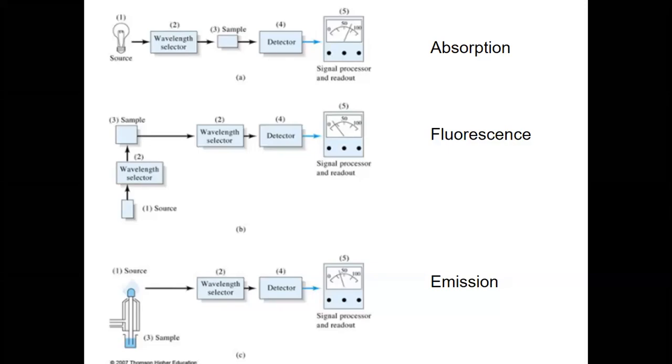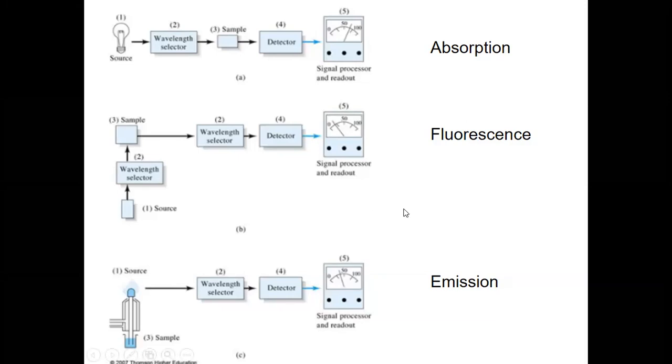If someone asks what the block diagram is for, let's say, a UV-visible spectrophotometer, you should be able to draw it and remember how these things are arranged, and for fluorescence, how those five different components are arranged. You have to have an idea about the arrangement.